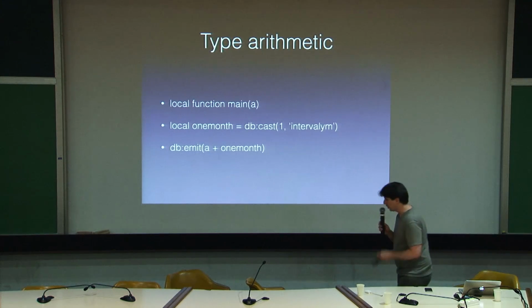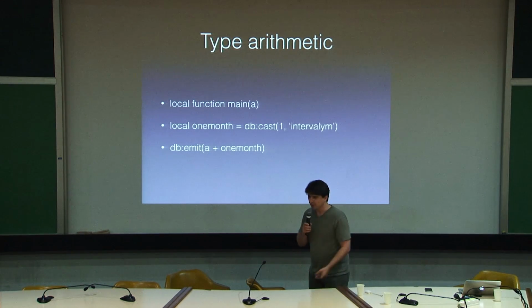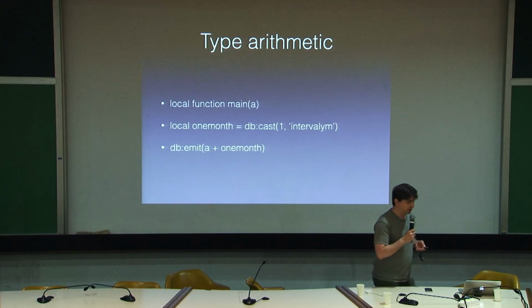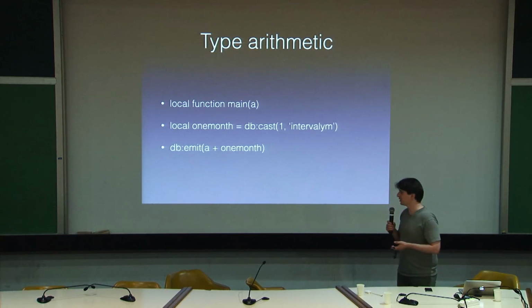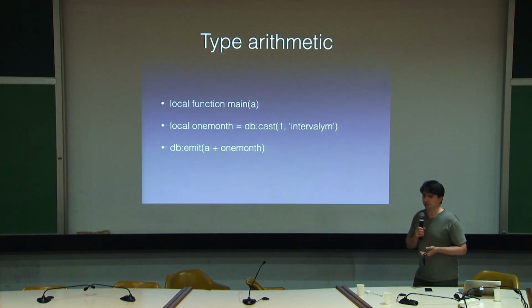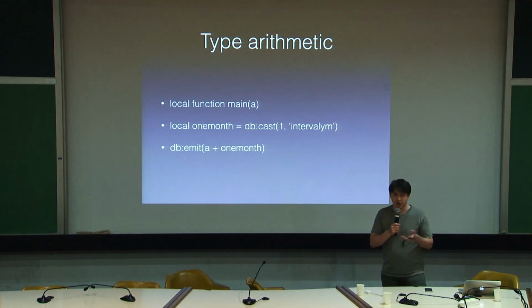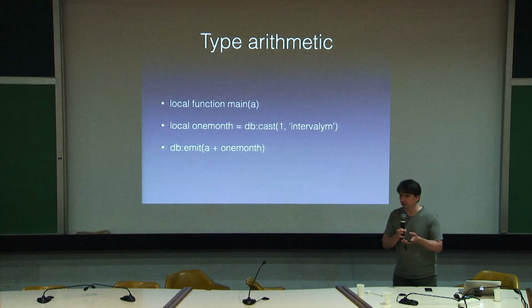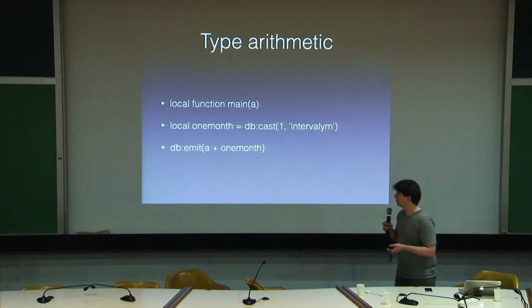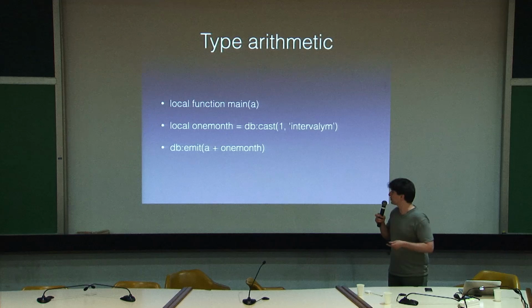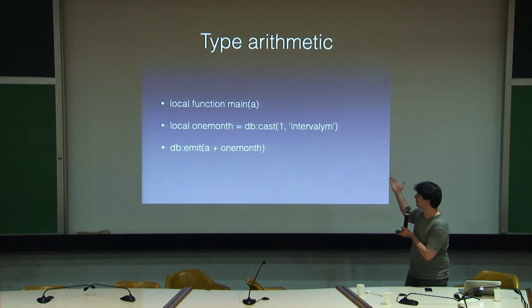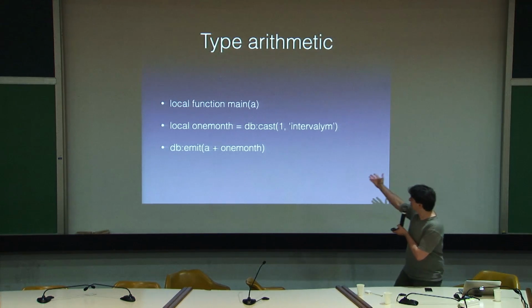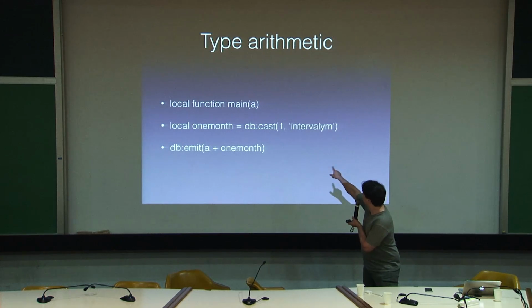The next thing we needed to add was the notion of type arithmetic. A lot of these data types have sophisticated arithmetic properties. For example, decimal floating point does math in an entirely different way than floating point numbers do, with different rules and higher precision. Date times work completely differently, obviously. Here's a silly example. You wouldn't really do this, but you have a function, and you're adding A plus 1 month.